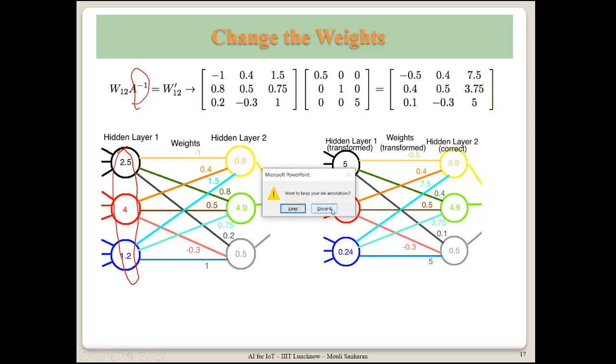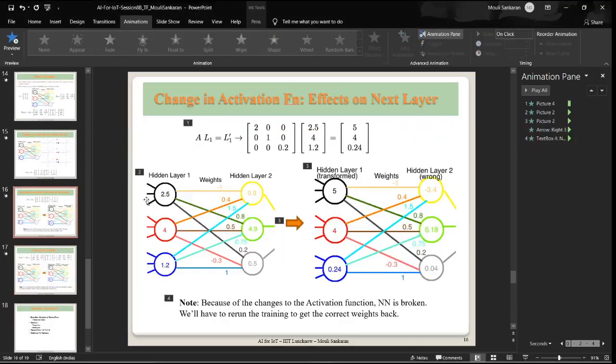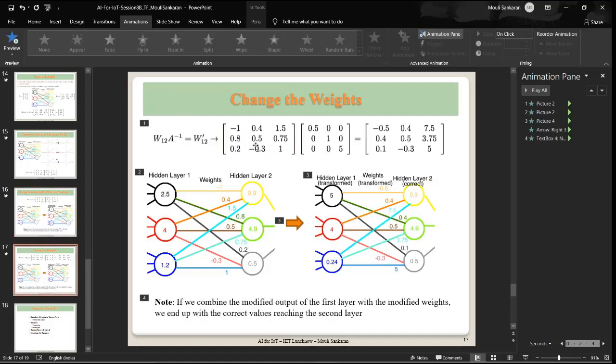I am giving a reference to it; you can read that matrix explanation for understanding better. These are the A matrix, and I take the inverse of that. Whatever change I have made to the activation function, I am nullifying it by multiplying with A inverse.